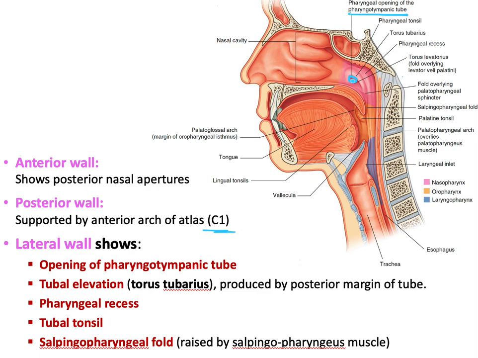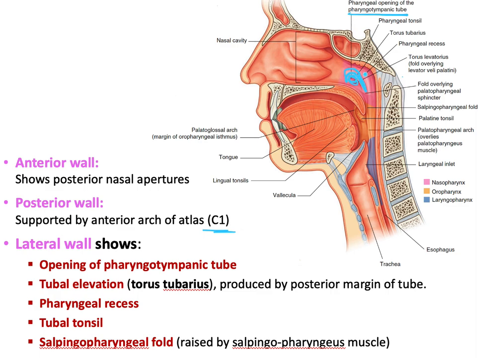This tube creates a kind of elevation, which is the posterior margin of it, called tubal elevation or torus tubarius, created by the eustachian tube. This is the opening of the pharyngotympanic tube, and this is the tube itself, right? It creates this elevation called tubal elevation.